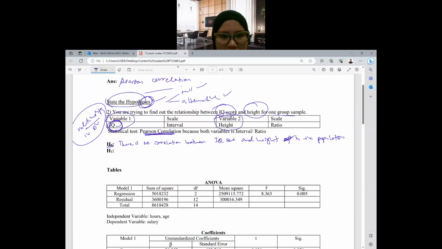How about the alternative hypothesis? The alternative hypothesis is the one that goes against your null hypothesis. So if your null hypothesis is saying there is no correlation, your alternative should be there is a correlation between IQ score and height in the population.